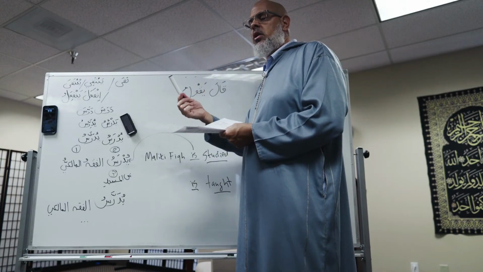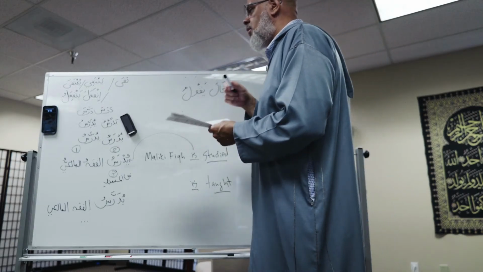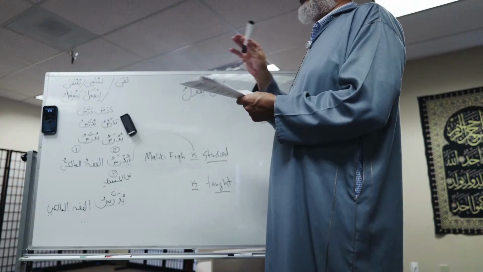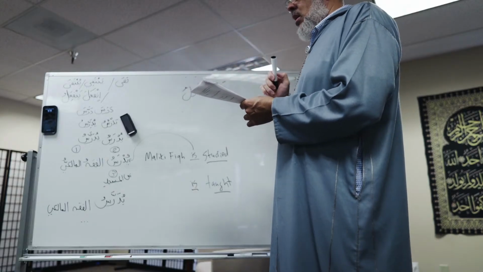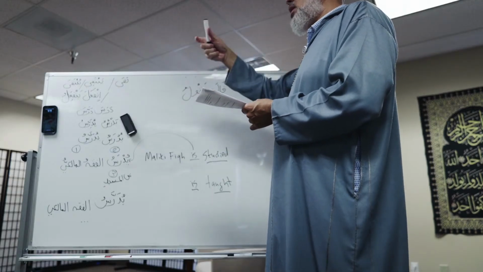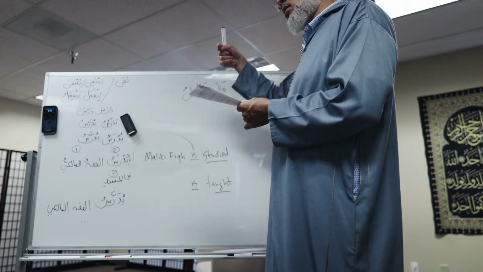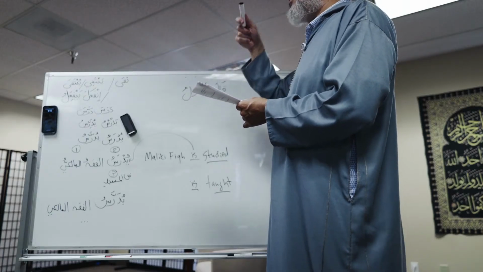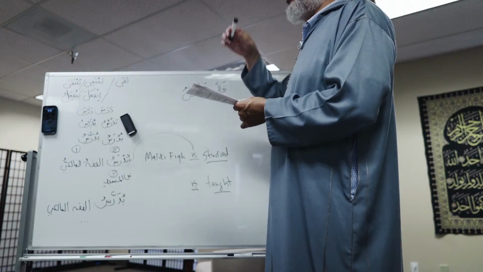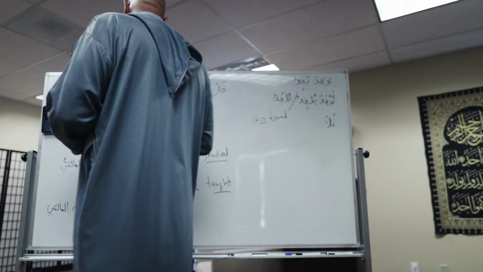So as a consequence of their inada, of their stubbornness, and of their kufr, the people of kufr on that day, it would be thumma yuqalu, it will be said. It will be meaning now, right? That's the yuqal, that's the mudari, and then said. It will be said. هذا الذي كنتم به تكذبون. This is what you denied.